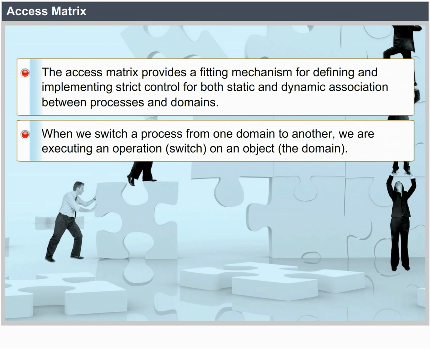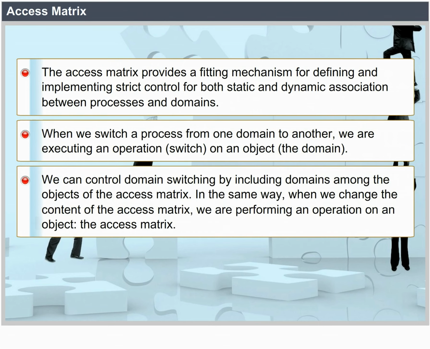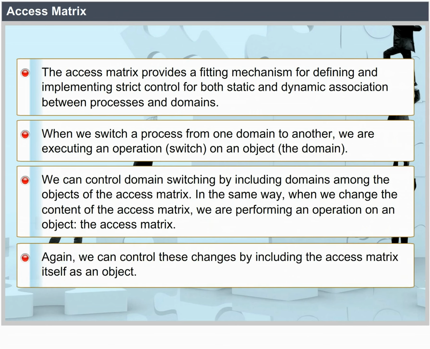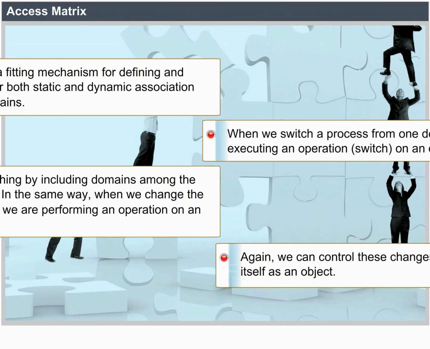When we switch a process from one domain to another, we are executing an operation switch on an object, the domain. We can control domain switching by including domains among the objects of the access matrix. Similarly, when we change the content of the access matrix, we are performing an operation on an object, the access matrix. Again, we can control these changes by including the access matrix itself as an object.